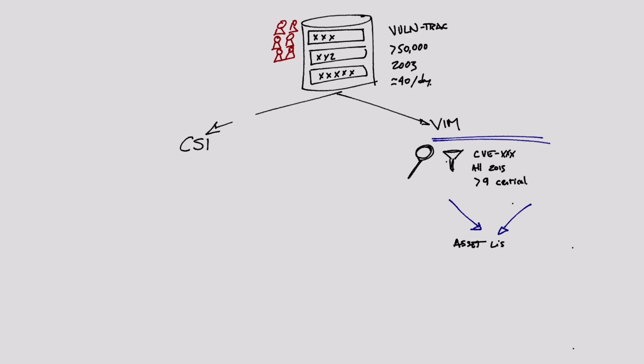And for that, you create asset lists. You can either do it manually, or you can do it by importing a CSV file.